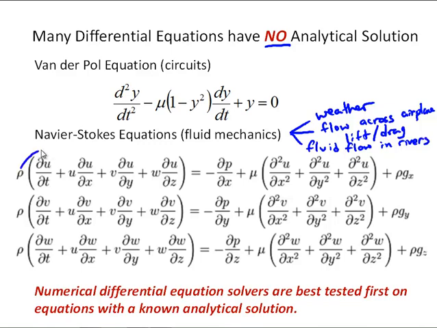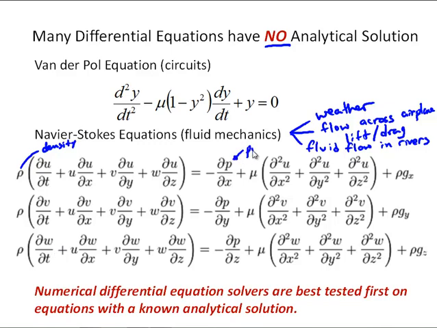But they do contain what should be lots of familiar terms. This is the density rho. U, V, and W are the x, y, and z components of the fluid velocity, respectively.